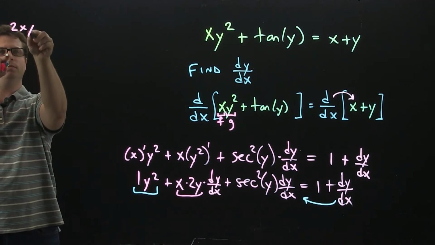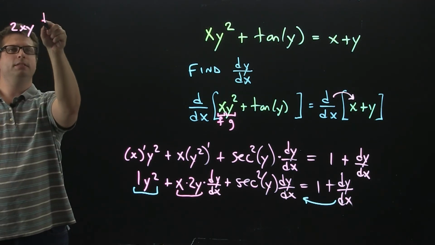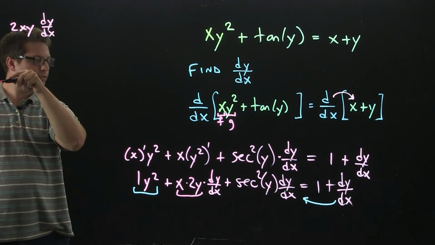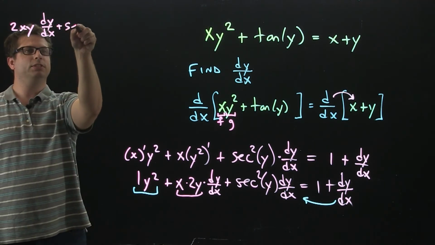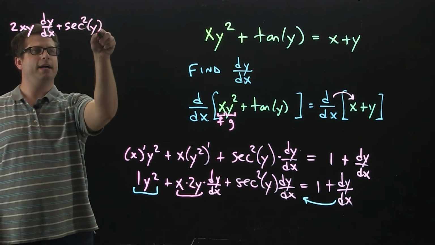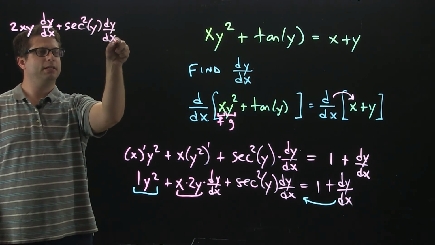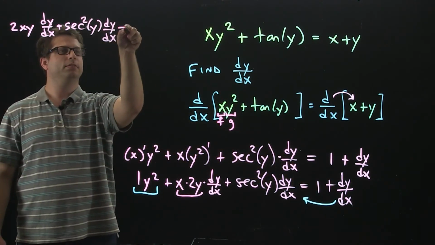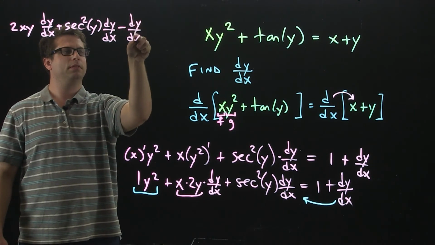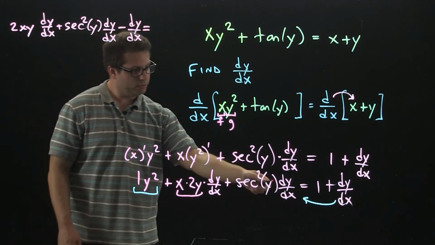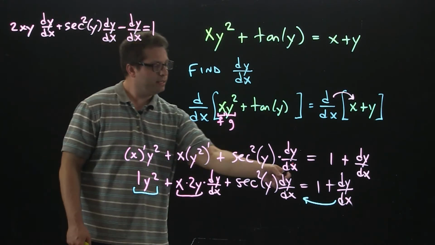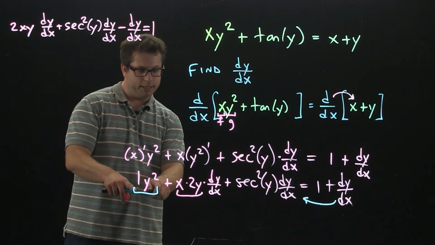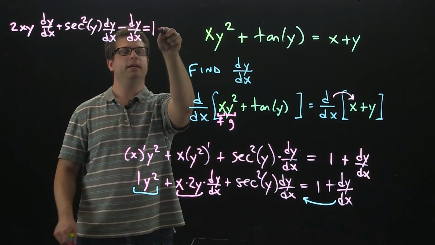So we have 2xy dy dx. And then we'll have the secant squared y with dy dx. And then I have to subtract this single dy dx over. Then we'll have the equal sign. We have that 1. And then this y squared right here went over to the right-hand side.